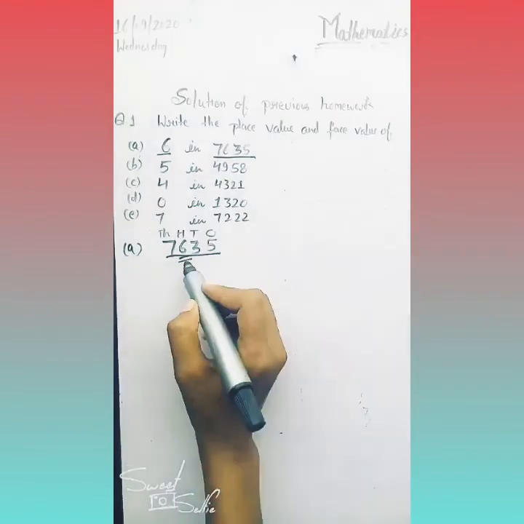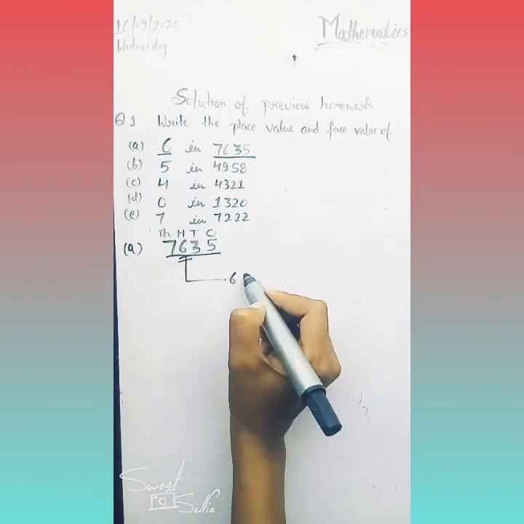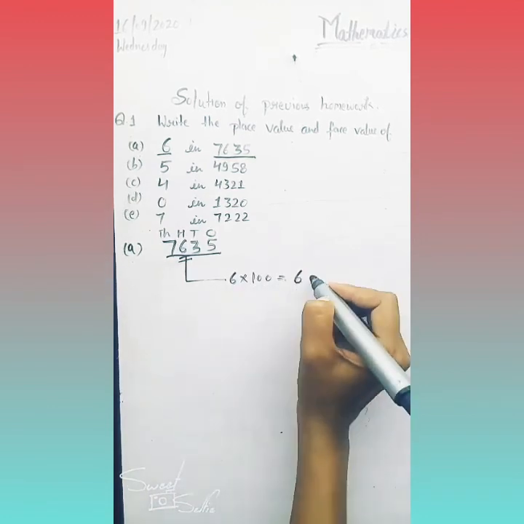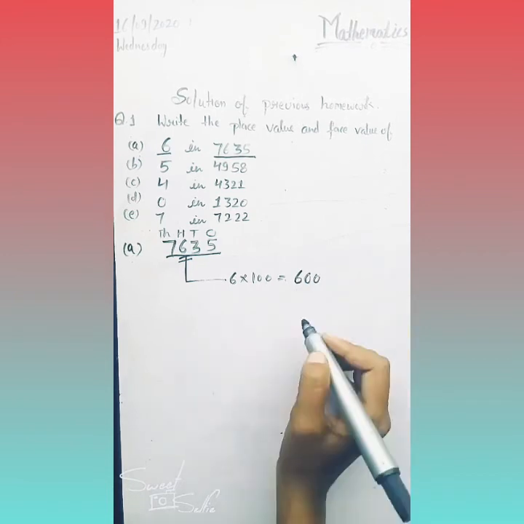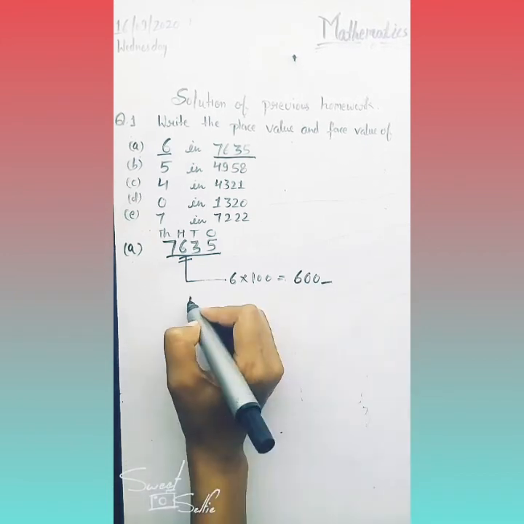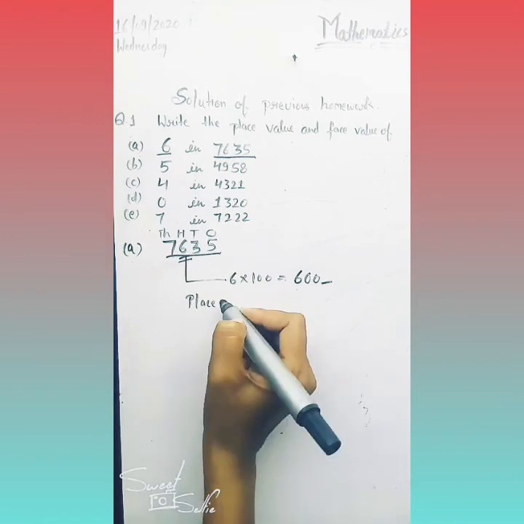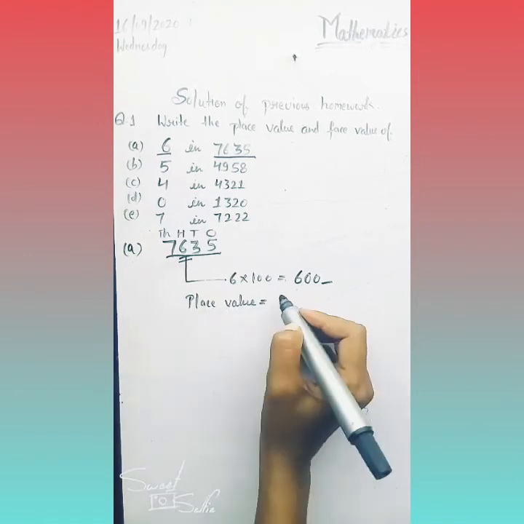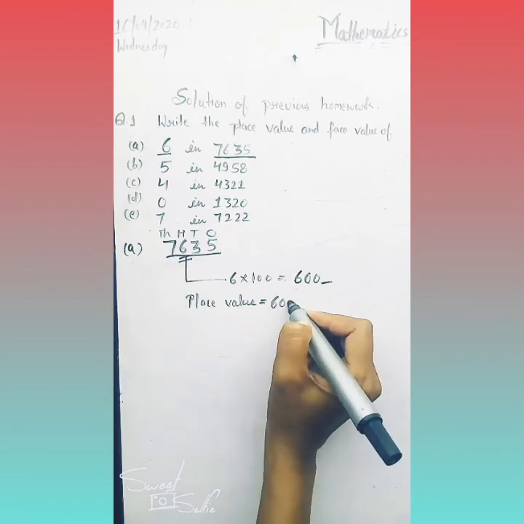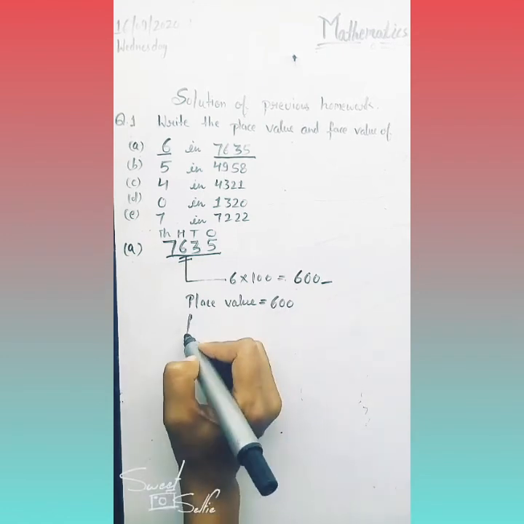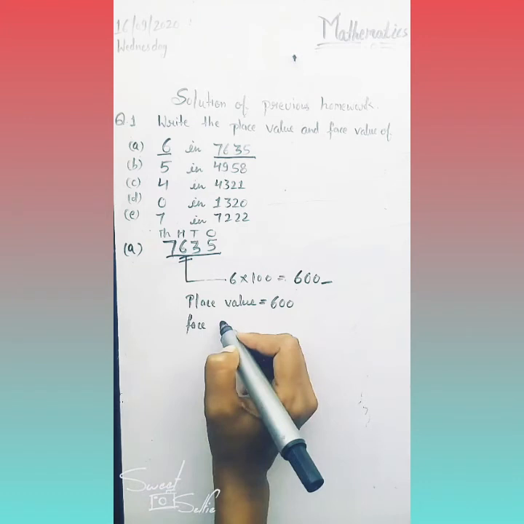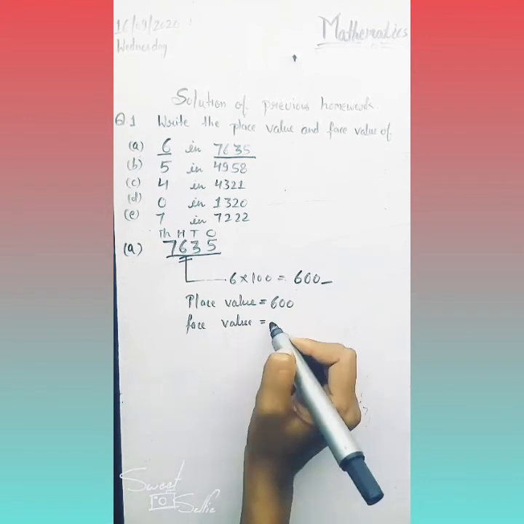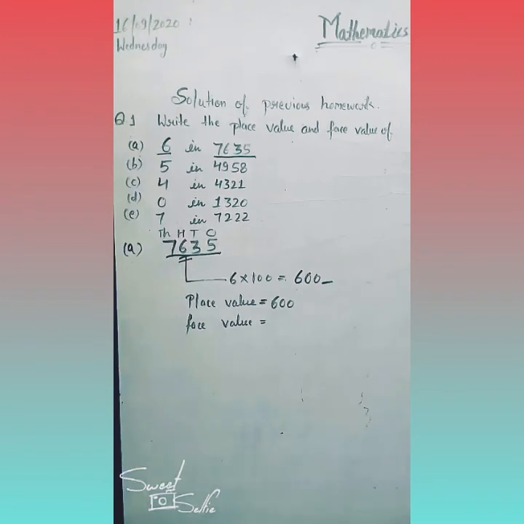So we will multiply 6 with 100 and we get 600. This is the place value of 6. It means the place value of 6 is 600.